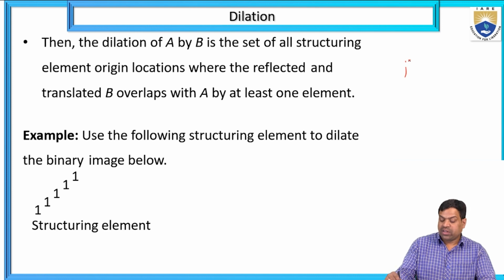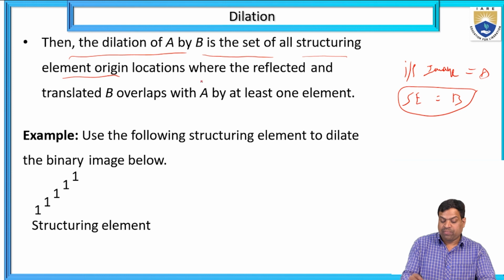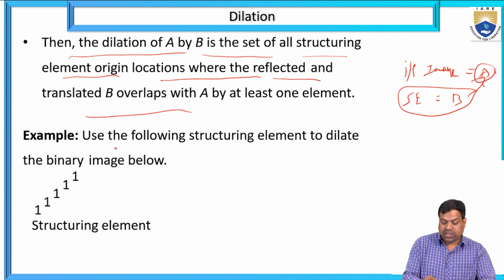Here I am taking the input image as A, and the structuring element as B. So the dilation of A by B is the set of all locations of the structuring element B where the reflected and translated B overlaps with A. What are the structuring elements of this one?